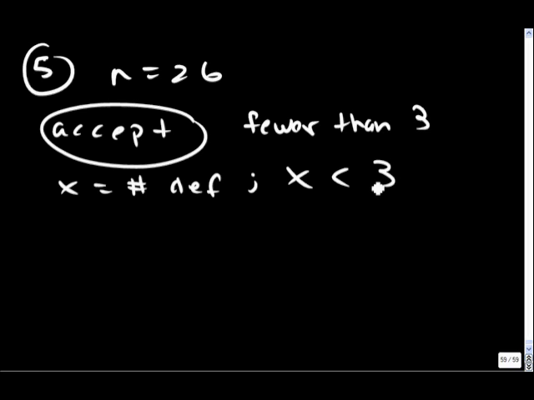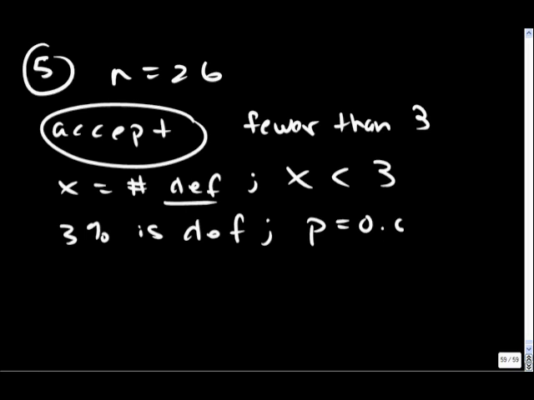What they're saying is that 3% of the batch is defective. In other words, the probability of a success, since we define defectiveness to be our success, the probability of selecting a defective component would be 0.03, corresponding to the fact that 3% of the batch is known to be defective.